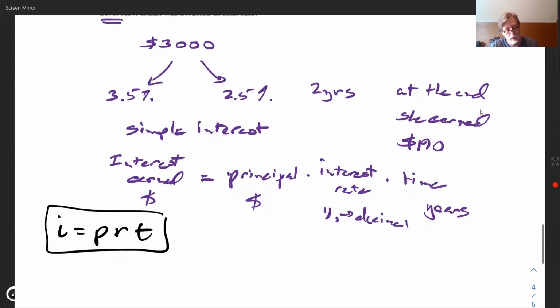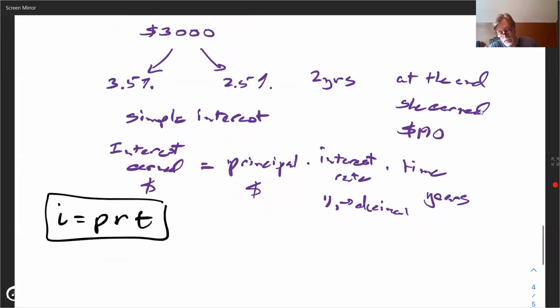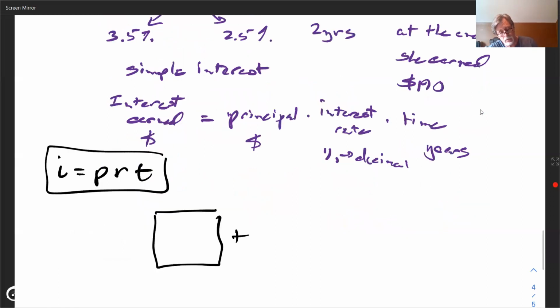Okay. Well, then what do we do with this information? Well, there's some things to do. When I set this thing up, I go box, yeah, I'm doing a box again, plus box equals, then over here I put the interest, 190.